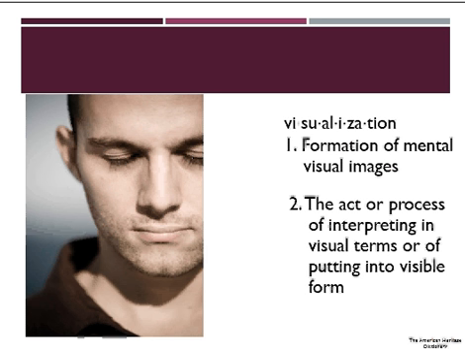It is the formation of mental visual images, and it is the act of processing or interpreting the visual, putting it into a more visible format. When you see the face, you will try to make it more visible to link it back to the name. So the name can be a form of data, and the face can be a form of visual image. The combination of both becomes your data visualization.